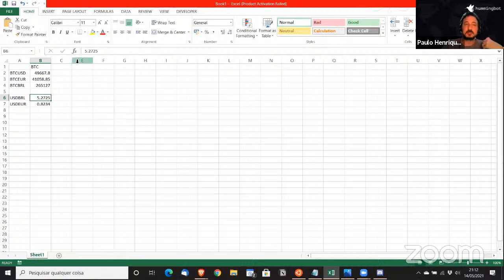Here is something interesting that I did. I converted BTC euro and BTC BRL using the market conversion rate. I used this information and converted these two values to BTC USD, right? So unhide here. As you can see, we have the BTC USD price of 49667, and when you do the direct conversion through the current market rate of each currency, you see there is a difference, right?